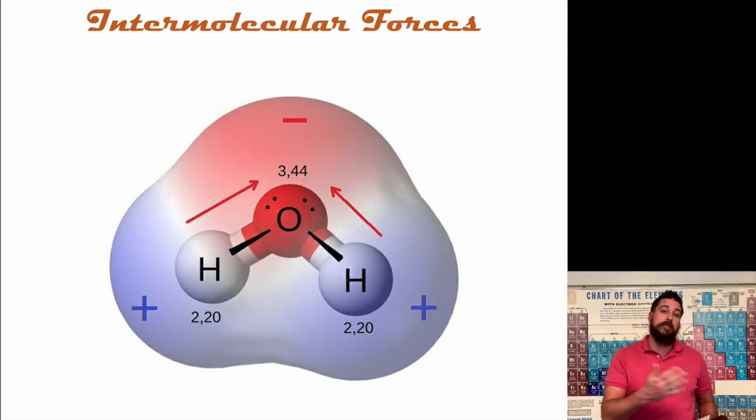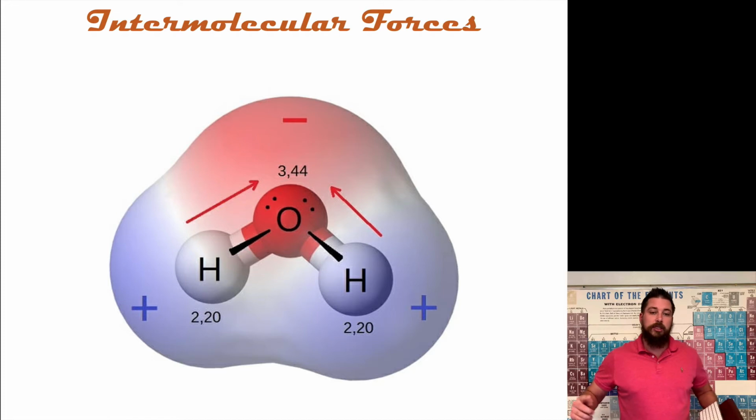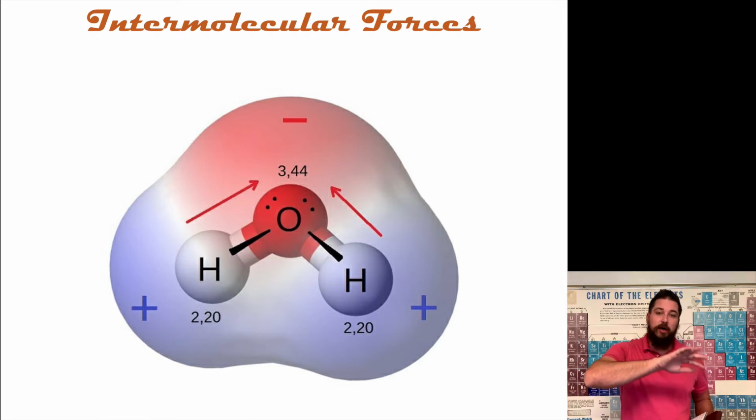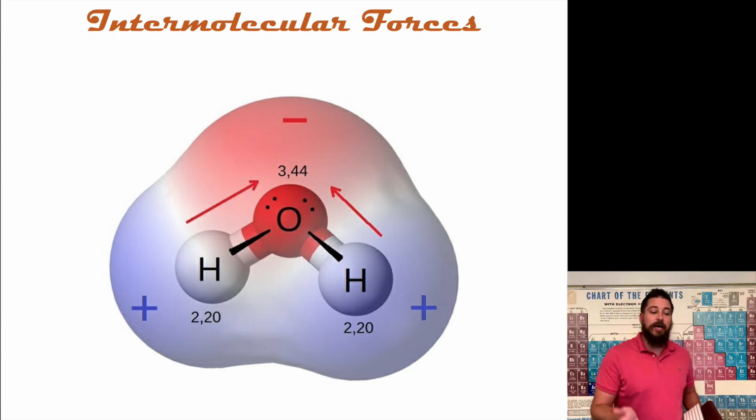Each oxygen-hydrogen bond is a polar bond. Now, the two dipoles are being pulled towards oxygen, and what ends up happening is the side of oxygen becomes partially negative. Now, it's not a full negative, it's a partial negative. The hydrogen side becomes partially positive, and so the molecule itself is a polar molecule.